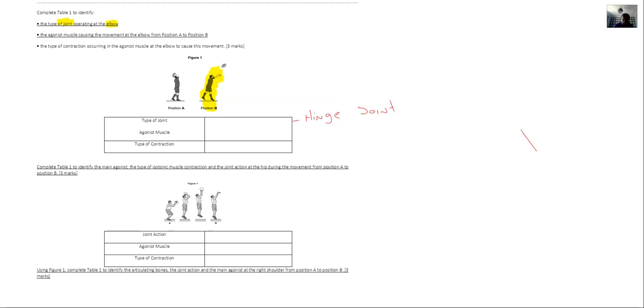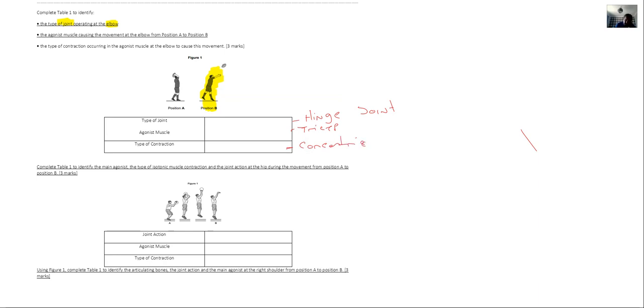The movement at point B is extension. Okay, so hopefully that will then lead you into what the muscle is that is causing that movement, and that is the tricep. So the tricep causes extension at the elbow, and then the type of contraction, it is the shortening of the muscle, right, which means it is a concentric isotonic contraction.